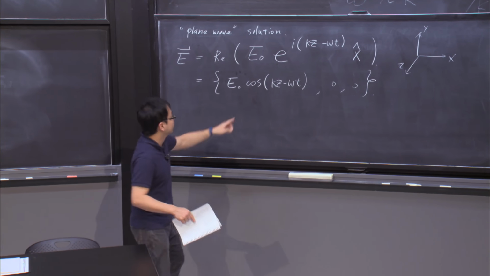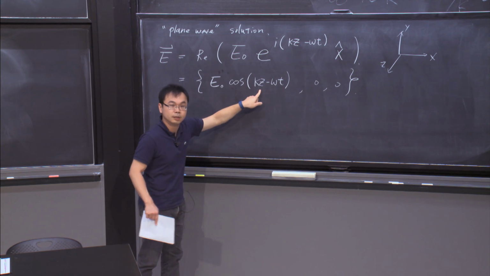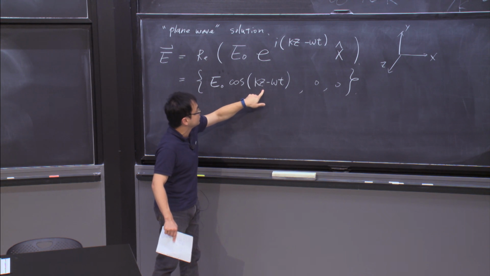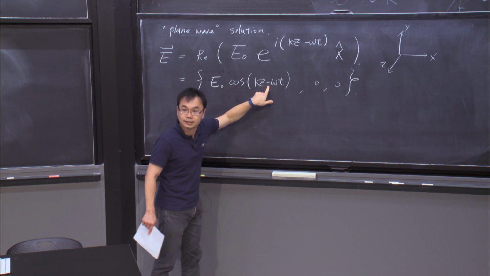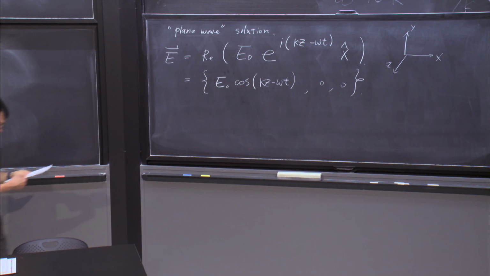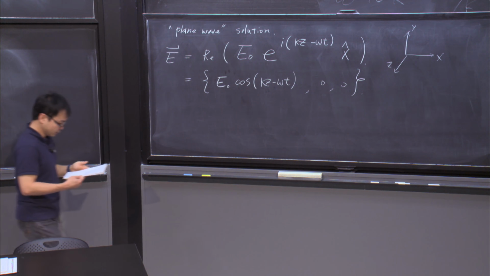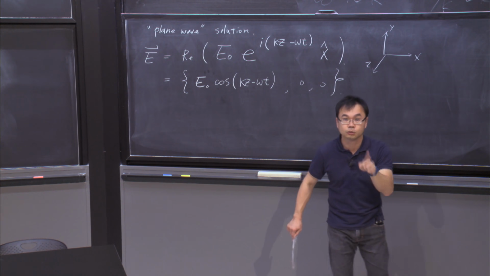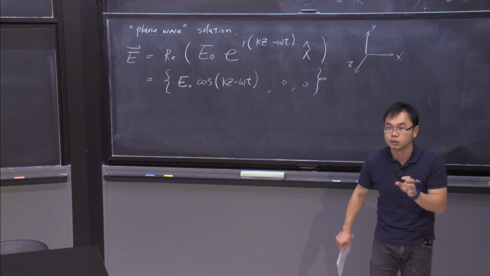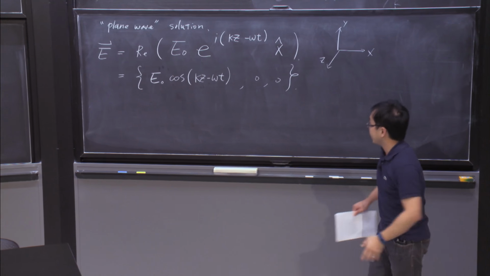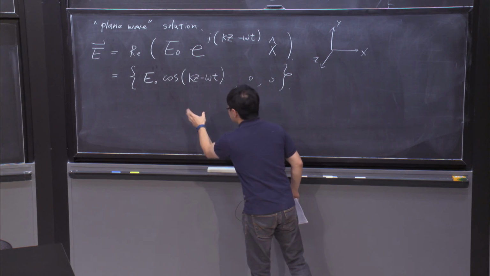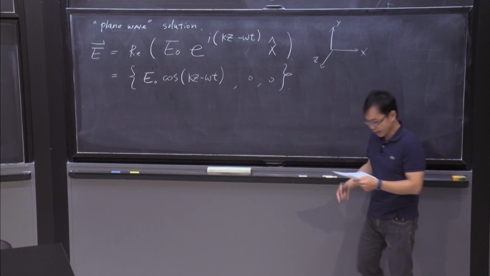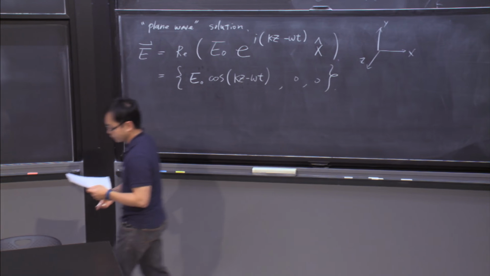Yeah, very good. Because we know that it's going in the positive z direction, because there's a minus sign in kz minus omega t. Therefore, it's going toward the positive z direction, not the x direction. The x direction is where the electric field is pointing. And the direction of propagation is toward the z direction. So there's a difference.